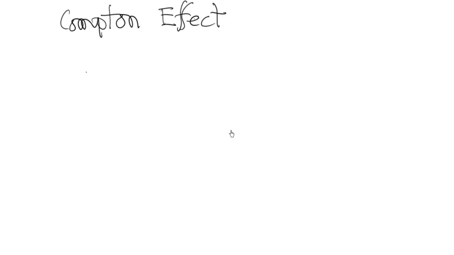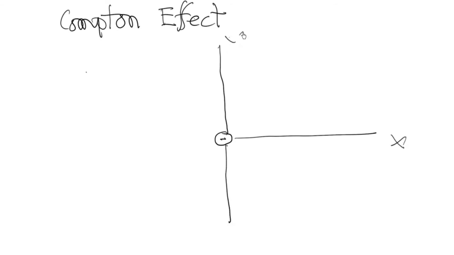Here, let us suppose that we have an electron, and we have two perpendicular axes. This is, let us say, the x-axis, this is the y-axis, and we have an electron here, and a photon of light is approaching towards the electron. For simplicity of presentation, we consider that the electron is at rest, or a free electron.